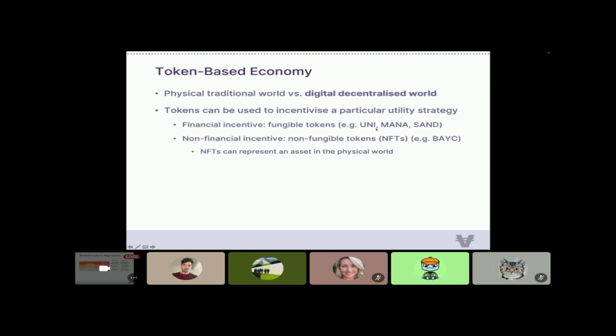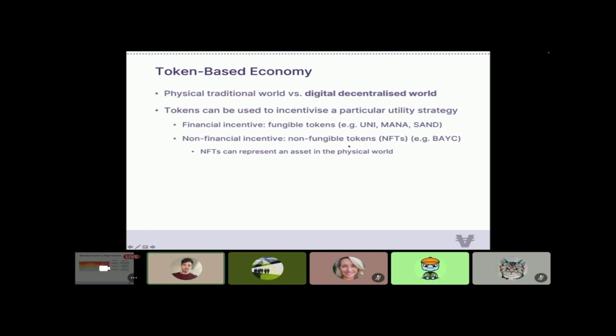For the people that know several tokens, Uniswap, Decentraland, and Sandbox are some examples of those tokens. Then we have a relatively new incentive, which is the non-financial incentive turned into tokens.